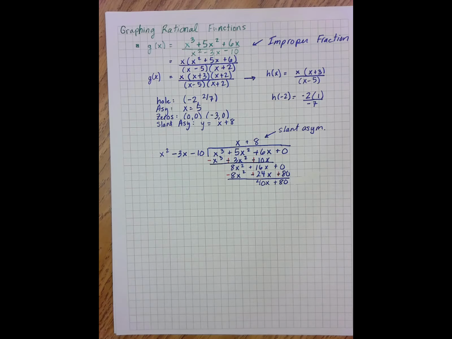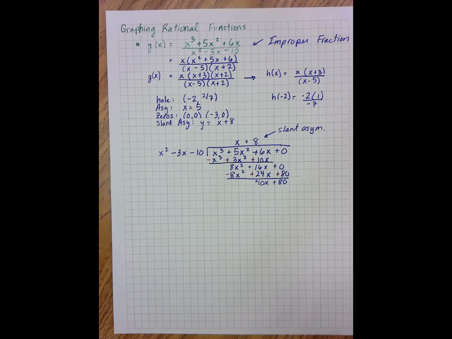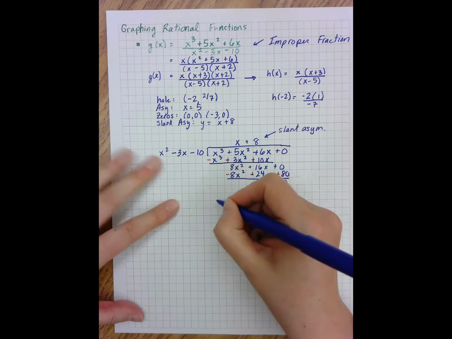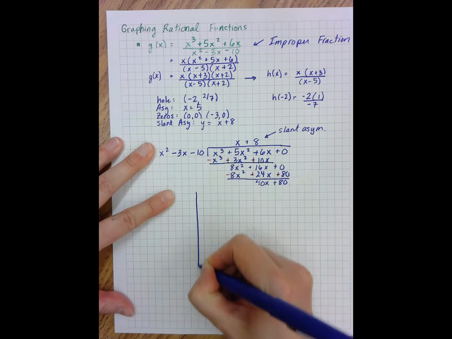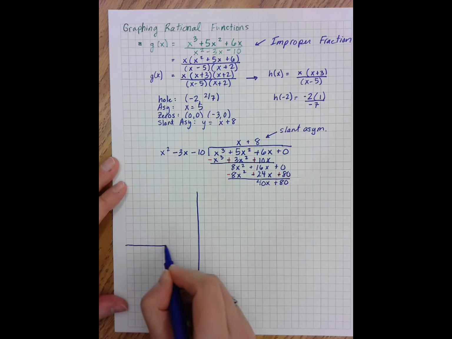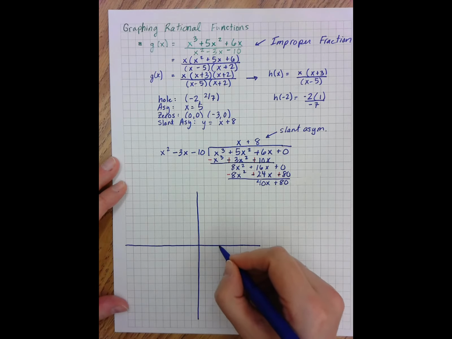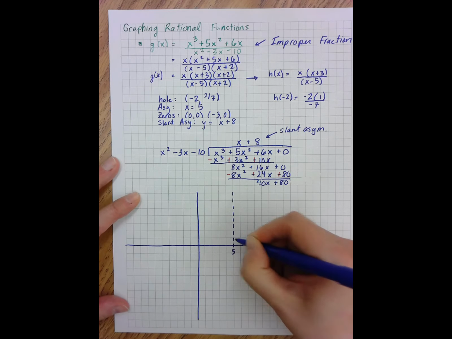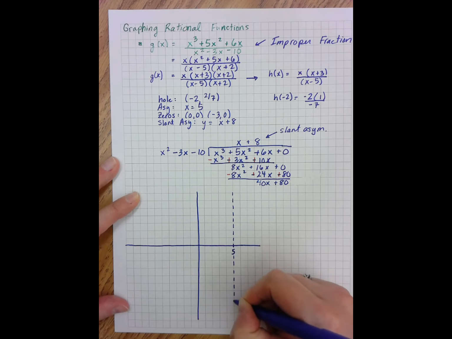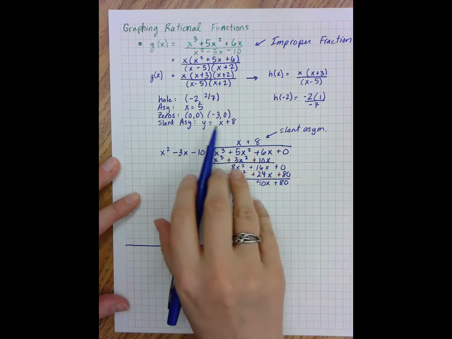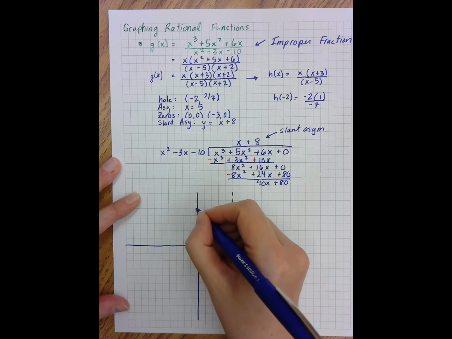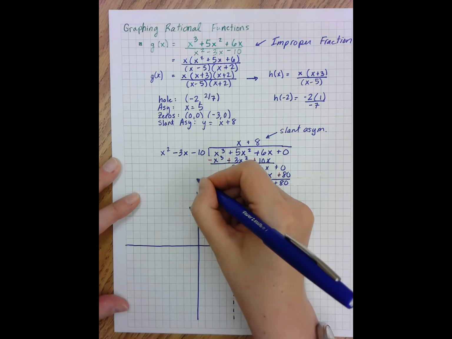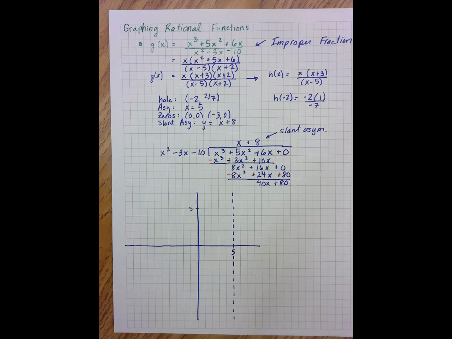So I now have almost enough information to graph this, but before I can finish I actually have to fill in some of these pieces. So I am going to start my graph. 1, 2, 3, 4, 5, and there's my vertical asymptote. I have a slant asymptote at 1, 2, 3, 4, 5, 6, 7, 8. Oh, I'm going to need a much bigger graph for this.